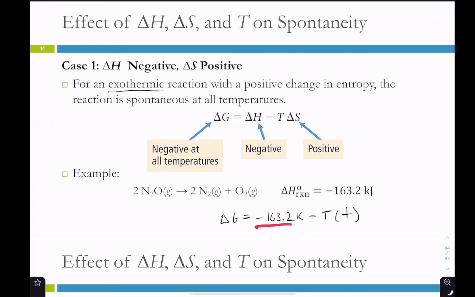So this has a negative sign, and we're subtracting something else that's going to have a negative sign. There's no temperature at which the sign's going to flip, because temperature is absolute, there's no such thing as negative temperature. And so it's always going to have a negative delta G. So if delta H is negative, delta S is positive, always spontaneous.